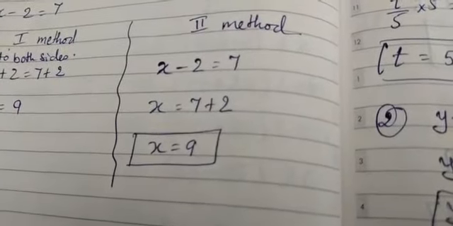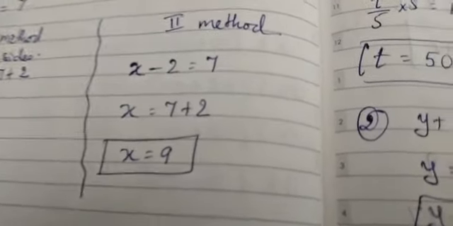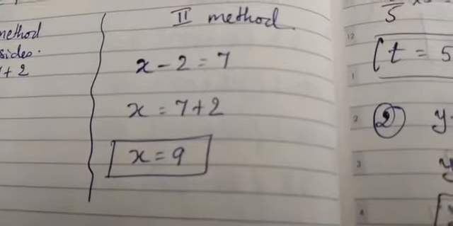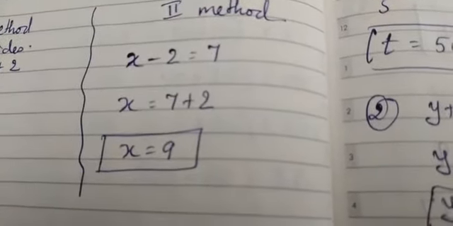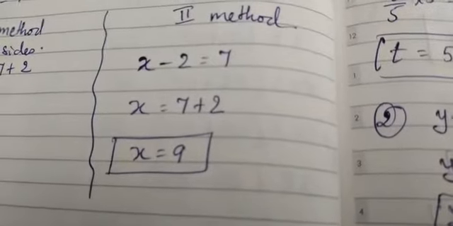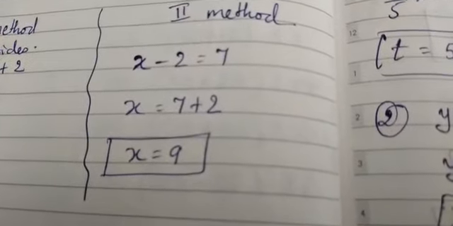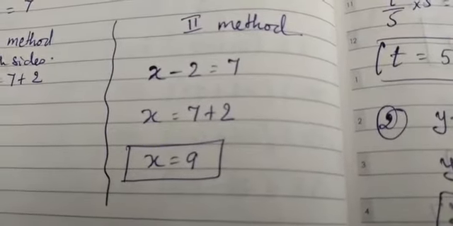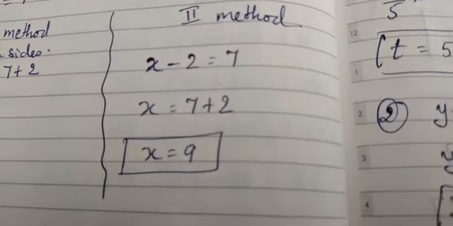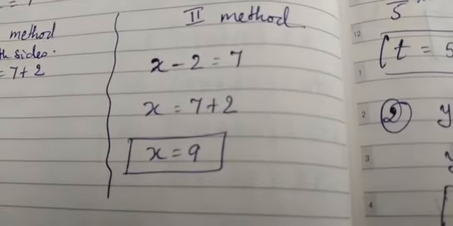And now the method which I like the most, transpose. What we are going to do in this method? Very simple. Minus 2 is with x. We have to move minus 2 away from x, to the other side. What will I do? I will take 2 to the other side of the equal to sign. When it is transposed to the other side, what happens?